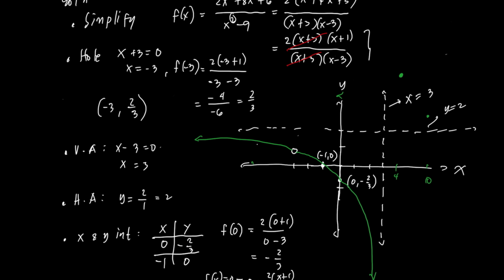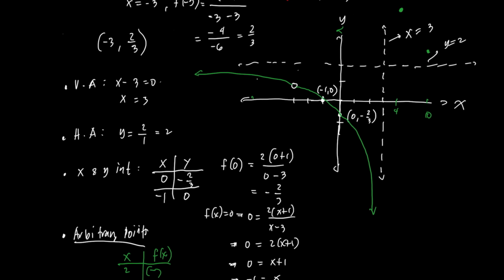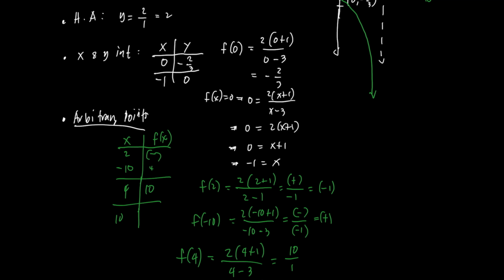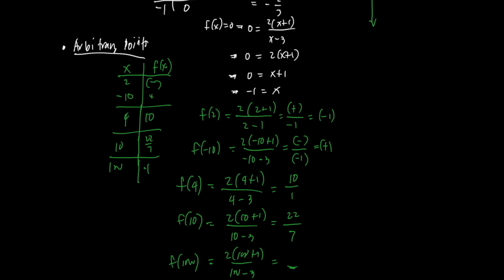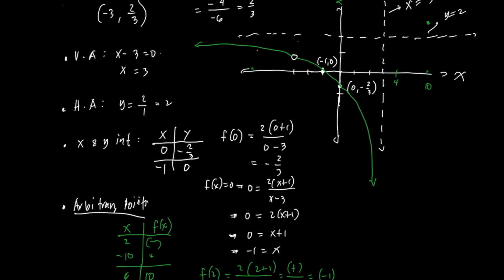3 something. Okay. Now obviously, if we extend, if that is 100, that's f of 100 equals 2 times 100 plus 1 over 100 minus 3. So that's big enough.